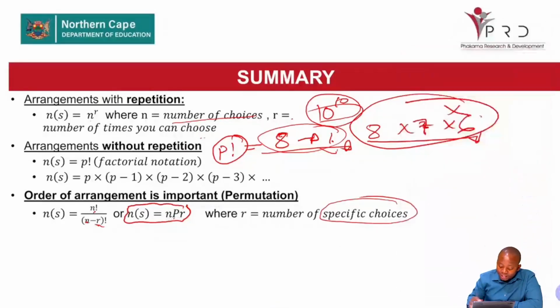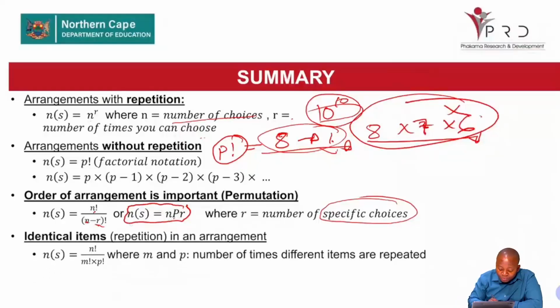We say shift and find NPR on our calculator. Then n is the total, say 7, and r is the specific choices, which is 2. Then 7 P 2, and we get the correct answer.